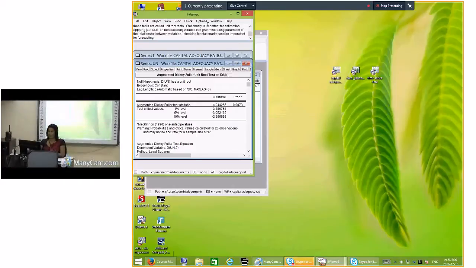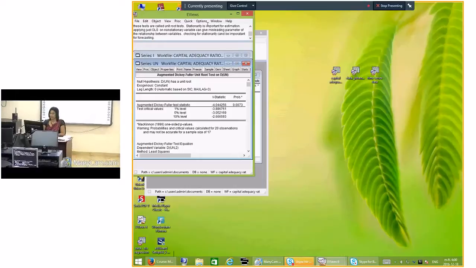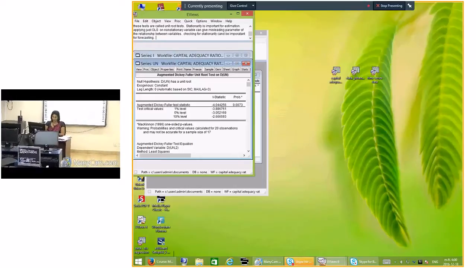order of integration 1. Right, then all series are stationary at the first difference.